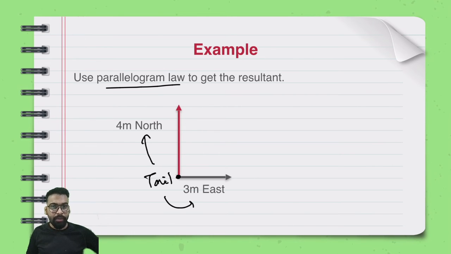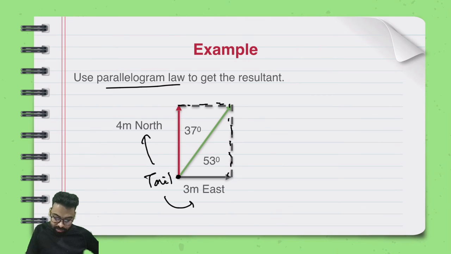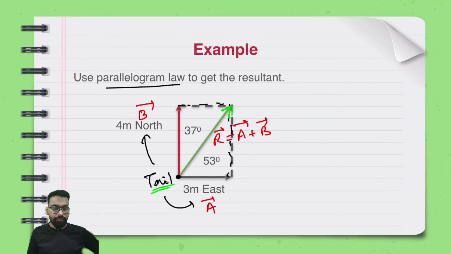So how do I get the parallelogram? I will draw these dotted lines, right? It comes in over here, and finally I will just go ahead and mark this tail as the common tail of our resultant vector R. R is A plus B, right? Let us say this was vector A, this was vector B. Then this is again a particular case where you will find this angle is 53 degree.